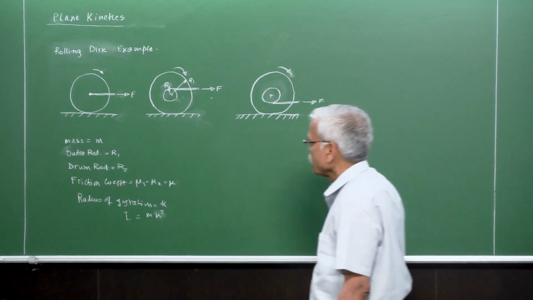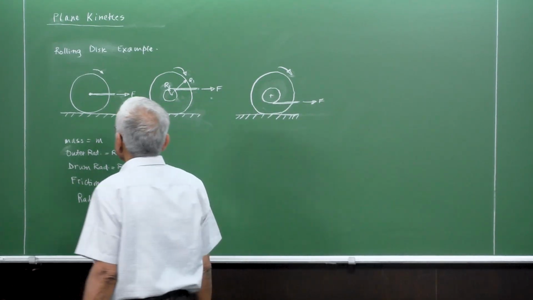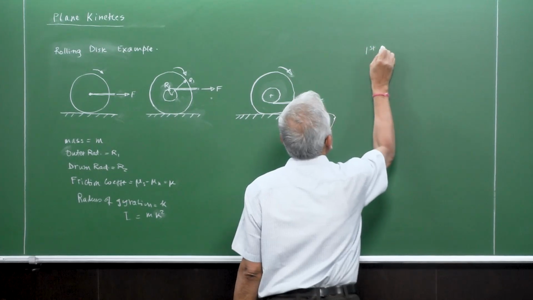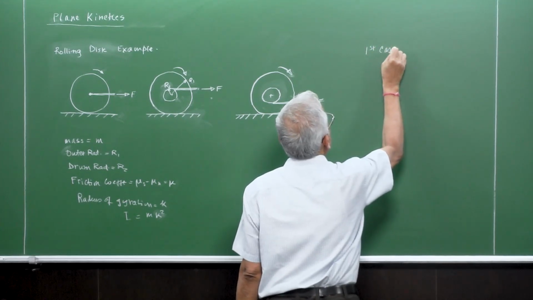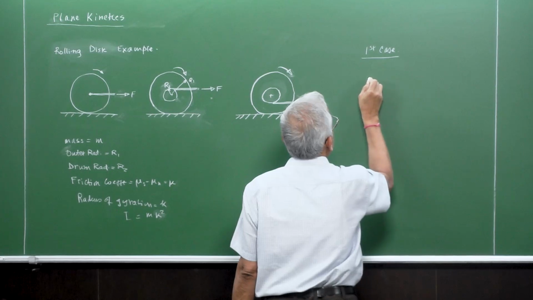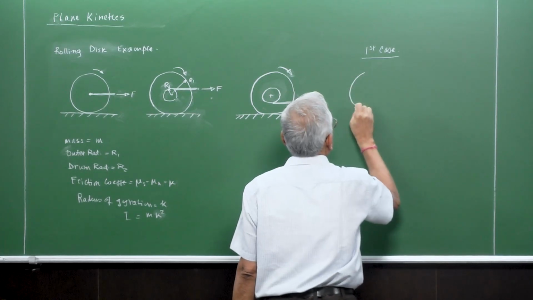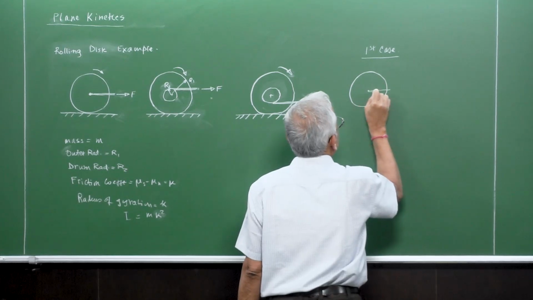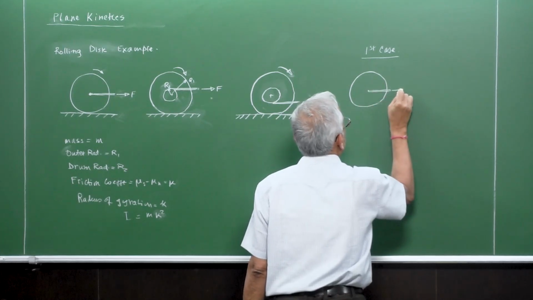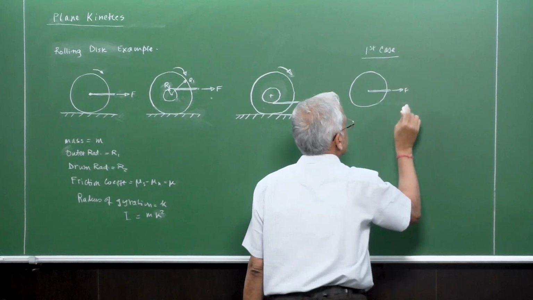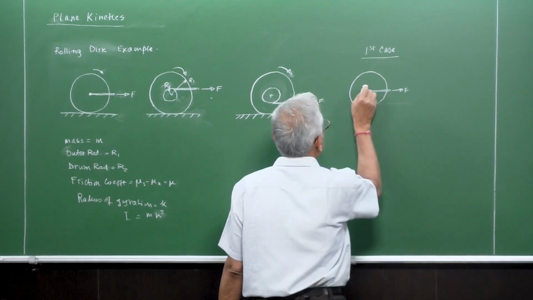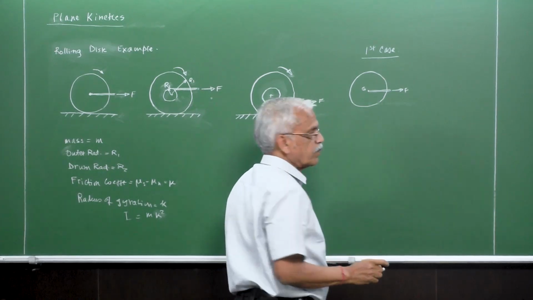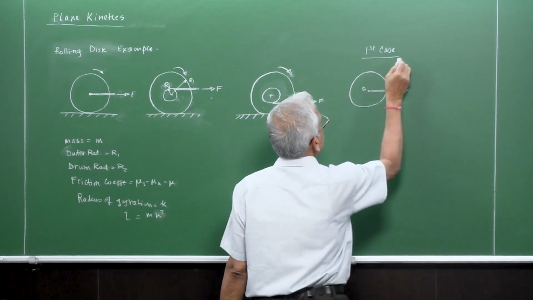So the question now is, let us just do the first case, in which we have a force being applied at the center, G, and then we draw the free body diagram, FBD.